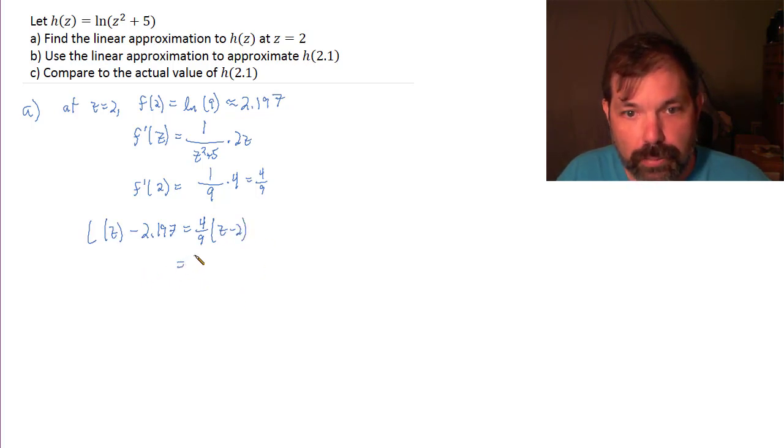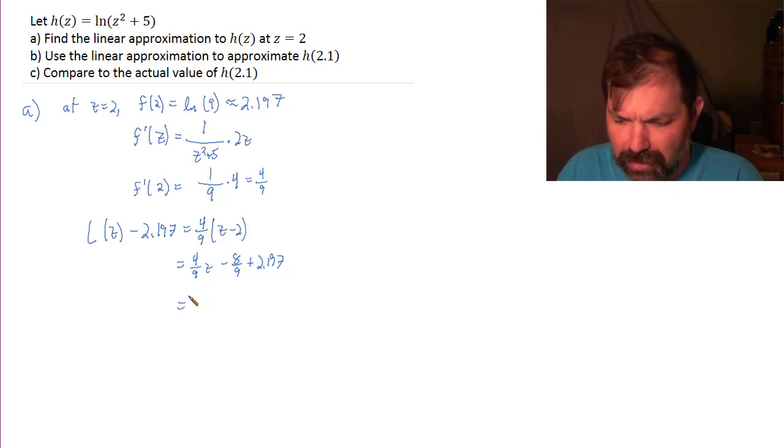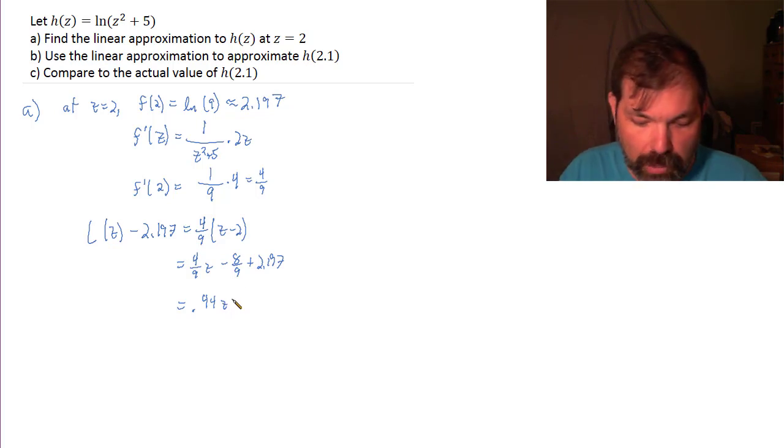So that would be 4/9 z minus 8/9 plus 2.197. Let's approximate this. 4/9 is approximately 0.44, so let's just say 0.44 z, and then minus 8/9 plus 2.197.